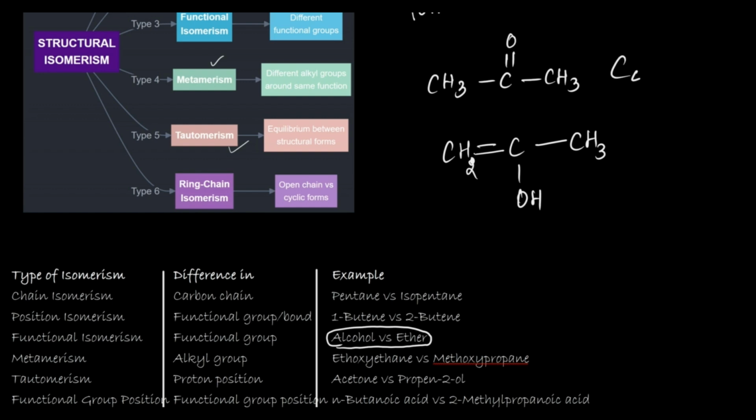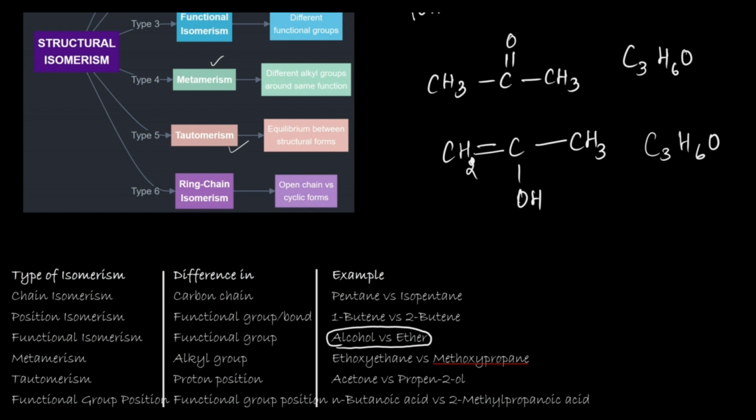So how many carbons? 3 carbons. C3H6O. This is also C3H6O, right? Same molecular formula once again, but what happened over here?